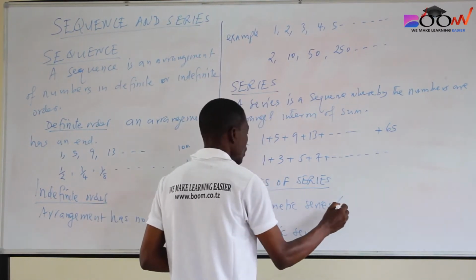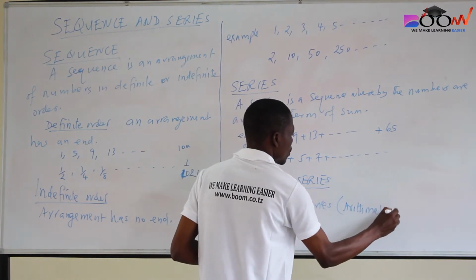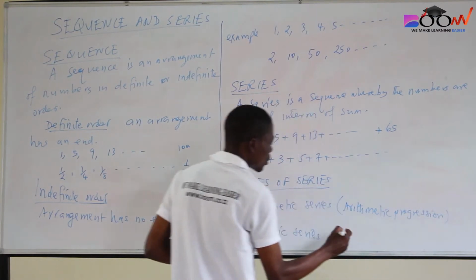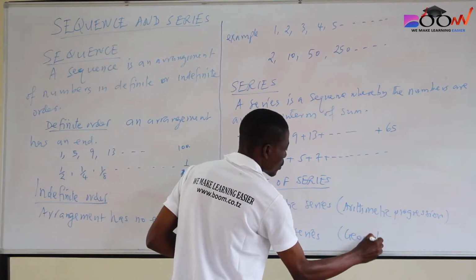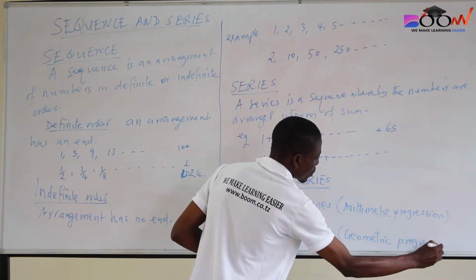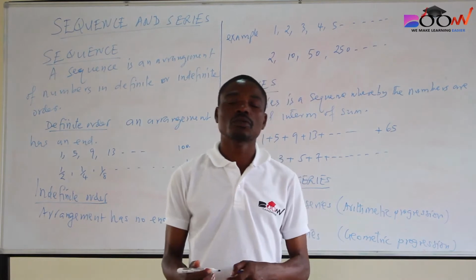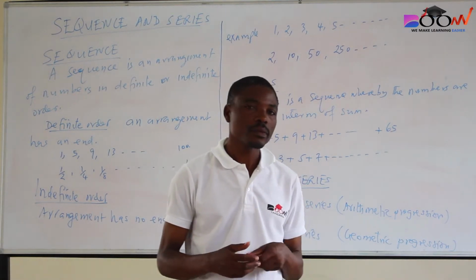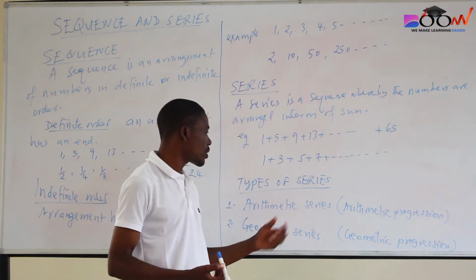Simply, this one can be called arithmetic progression, and this one is normally known as geometric progression. These are the two types of series. We start with arithmetic progressions, that is, arithmetic series.